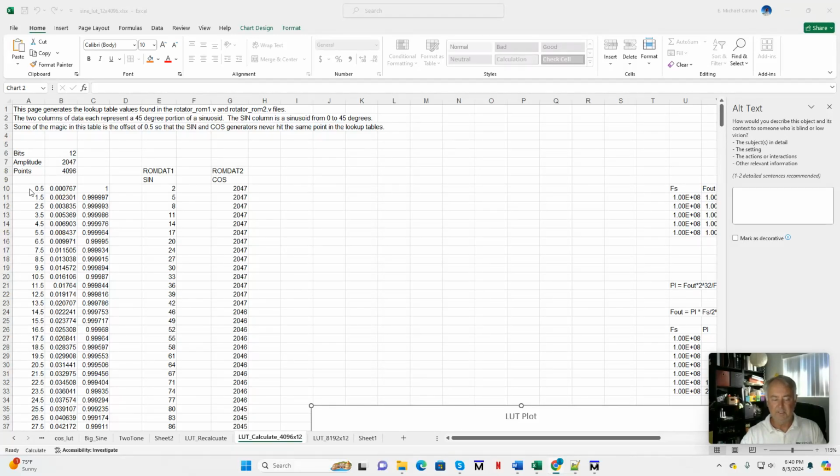Neither of them contain the data for phase 0 degrees or phase 90 degrees. The data contained is offset by half an increment. So in this implementation, we have 45 degrees of a sine, 45 degrees of a cosine. So how do we use them?